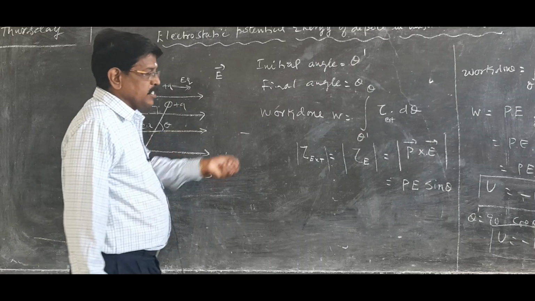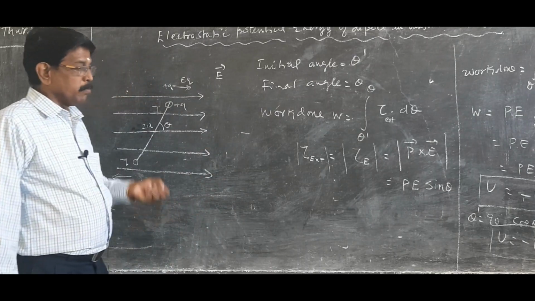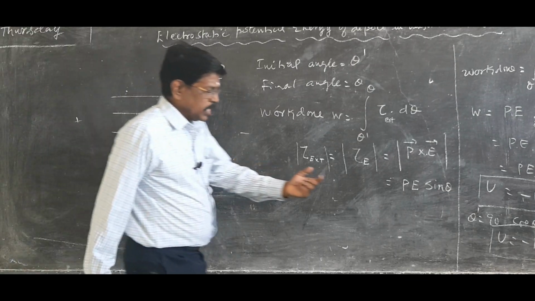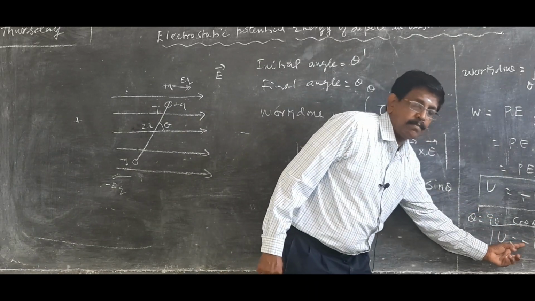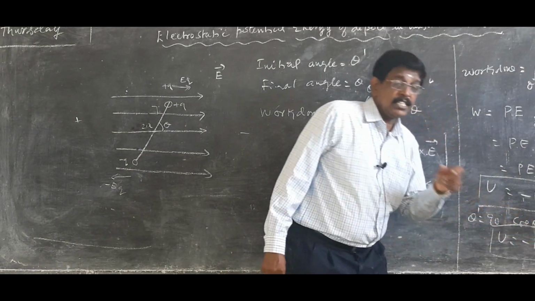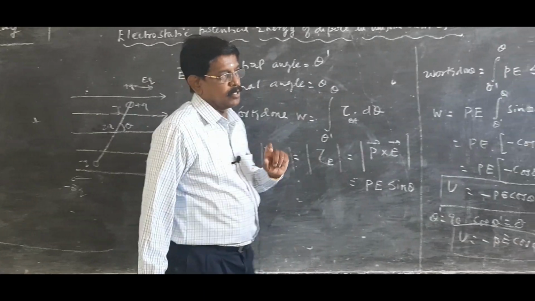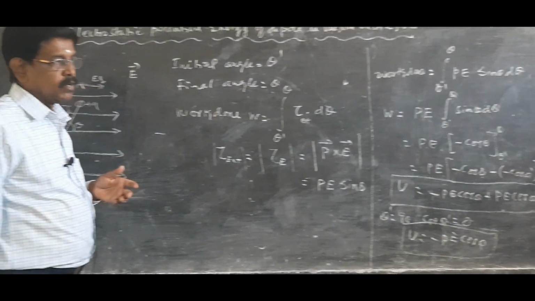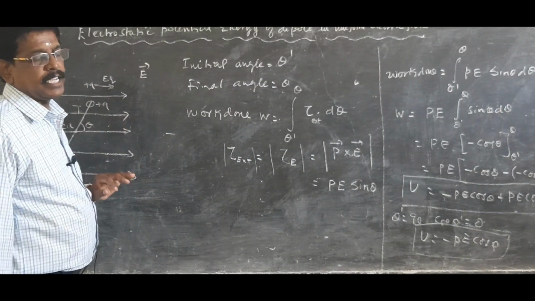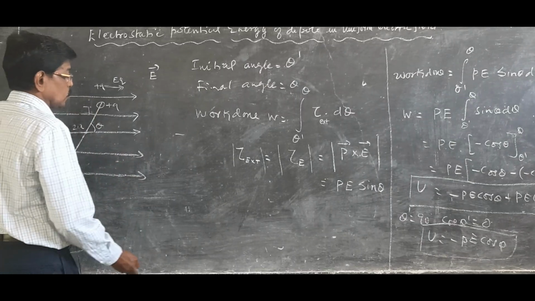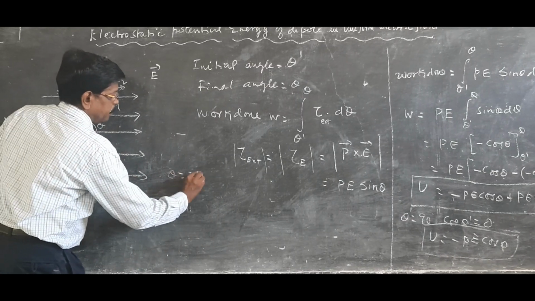The potential energy is maximum for which case? Minimum for which case? See, the potential energy is maximum. Minus is there, so cos theta should become a minus value. When will cos theta be a minus value? Substitute theta equal to pi, 180.